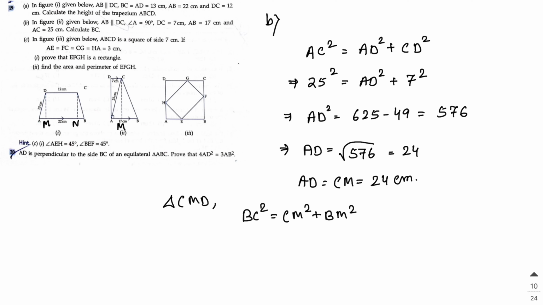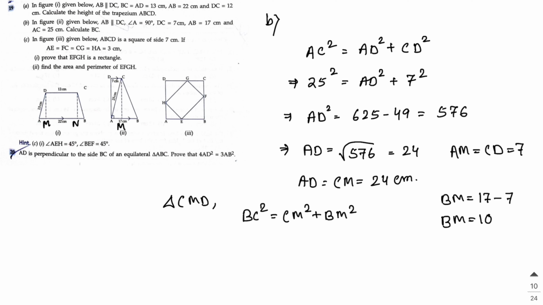Now the value of BM is definitely 17 minus 7, because AM is equal to CD and CD equals 7. So BM equals 10.